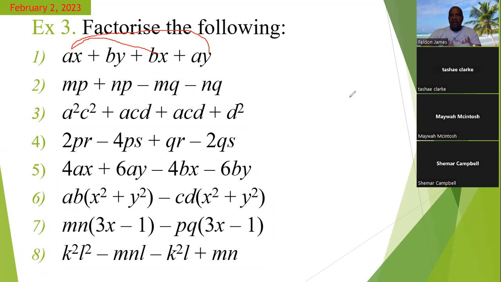Whichever way gives you an option to pair them with common factors. So let us go AX with BX. We would reorder it, so we write AX plus BX.